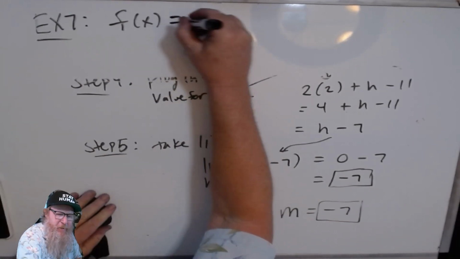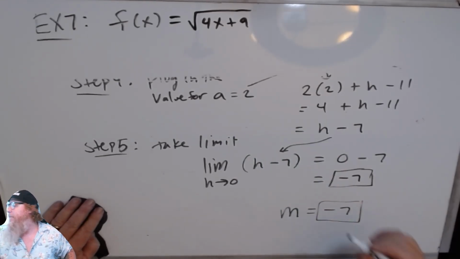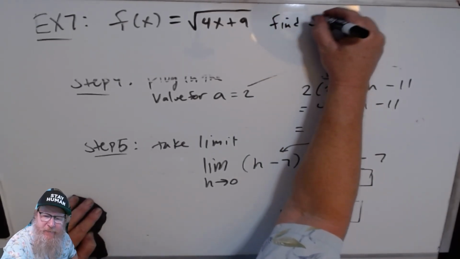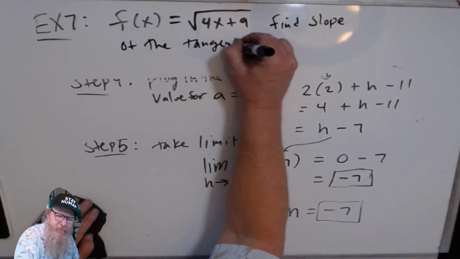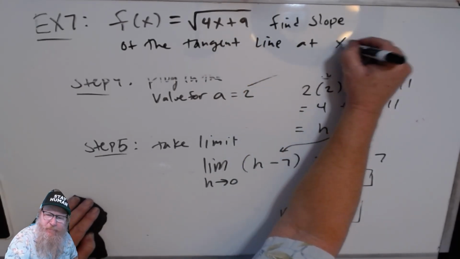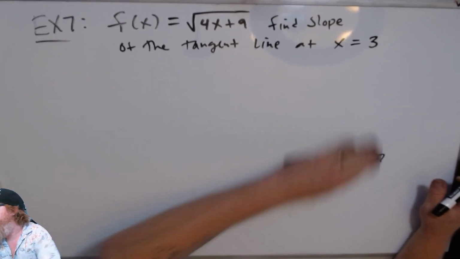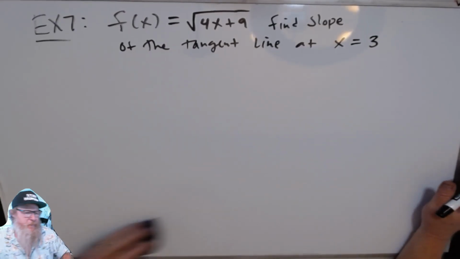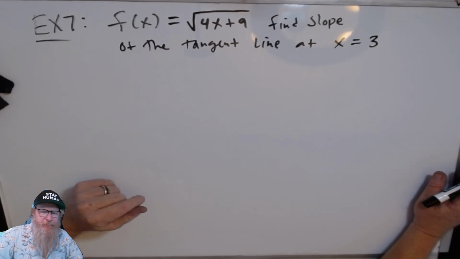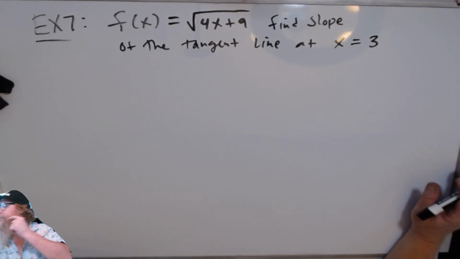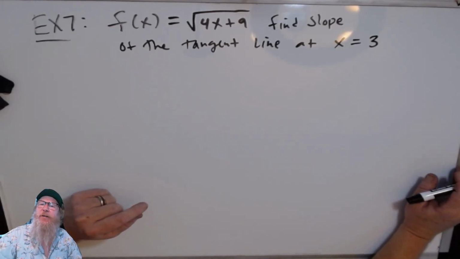Let's do a square root function. So find the slope at x equals 3. All right. So let's see. I'm regretting choosing 3, but that's okay.